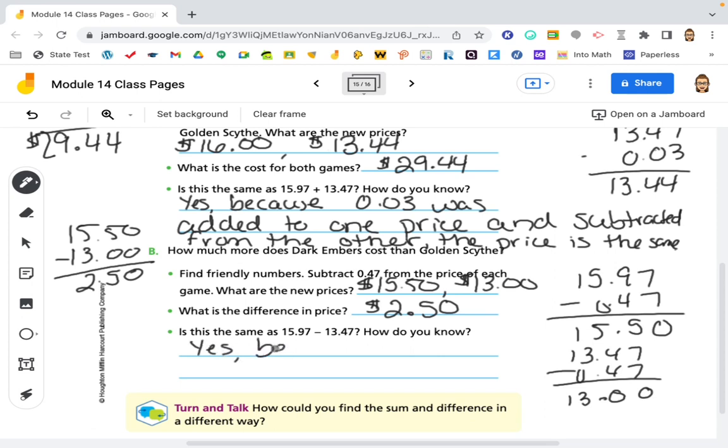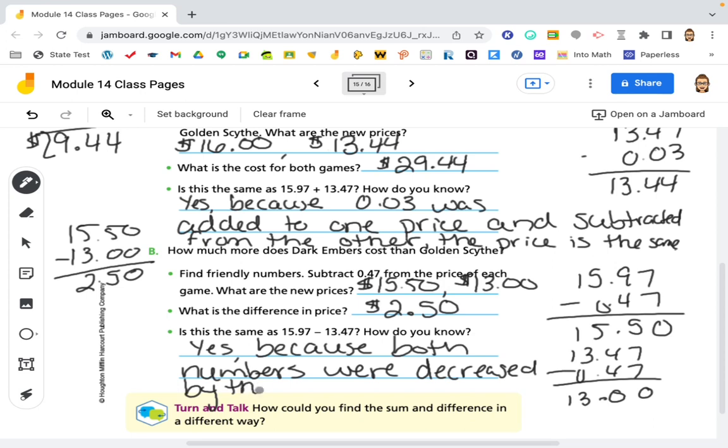Yes, because both numbers were decreased by the same amount. The difference is the same.